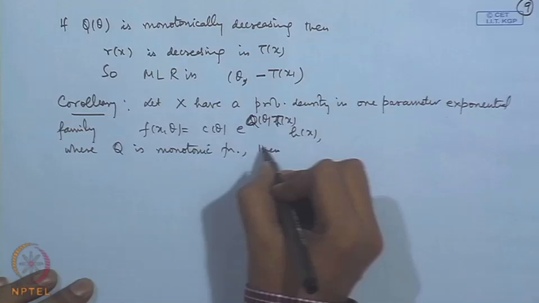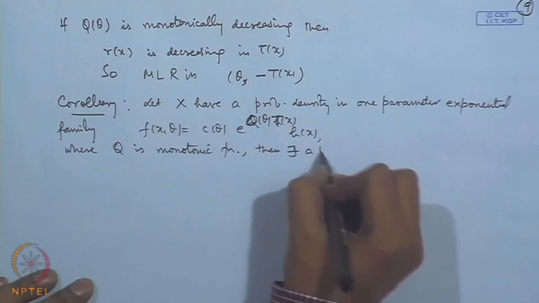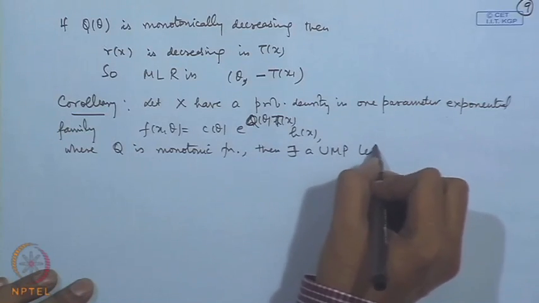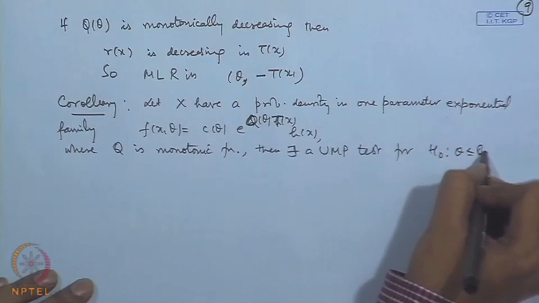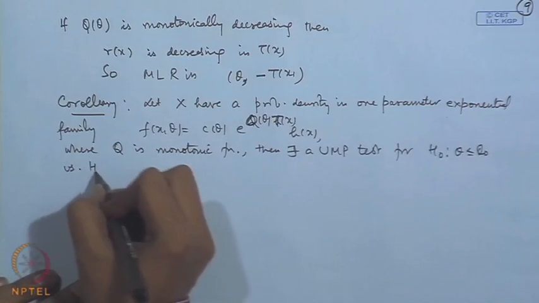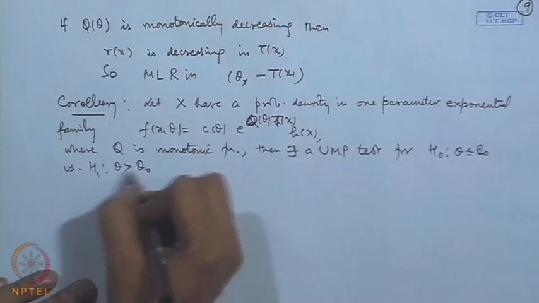Then there exists a UMP test for H naught: theta less than or equal to theta naught, against theta greater than theta naught.